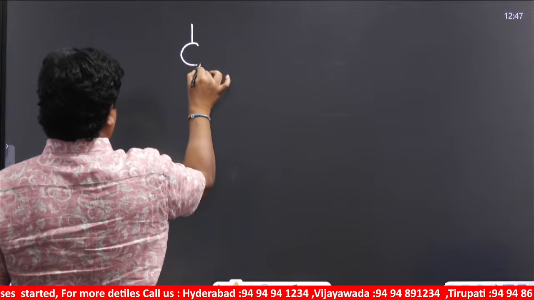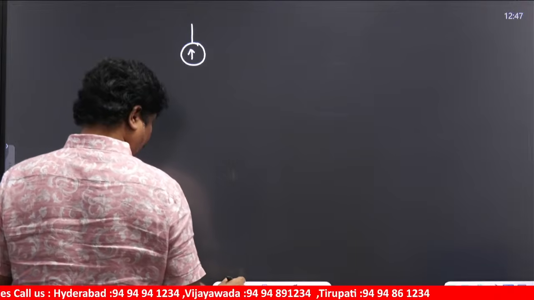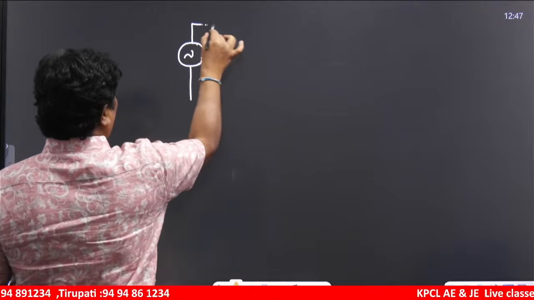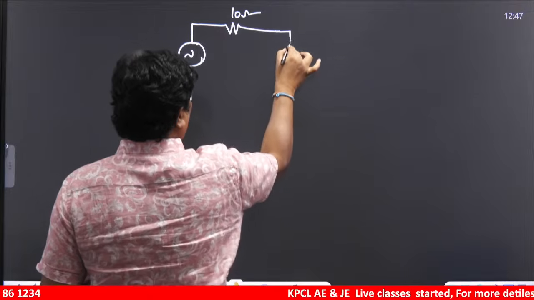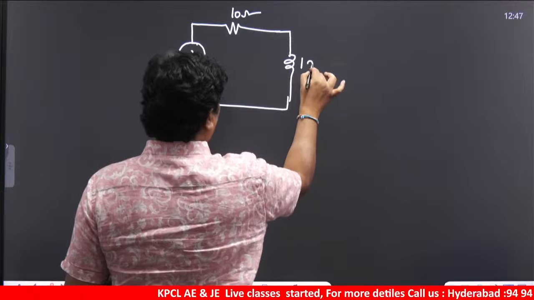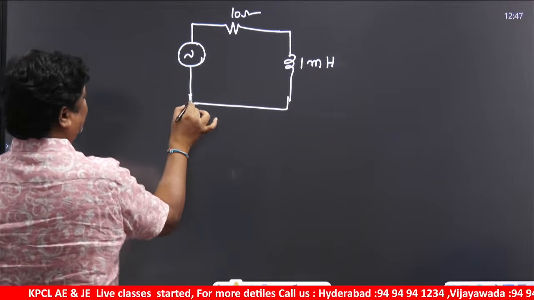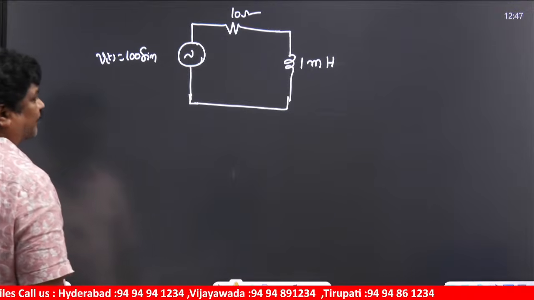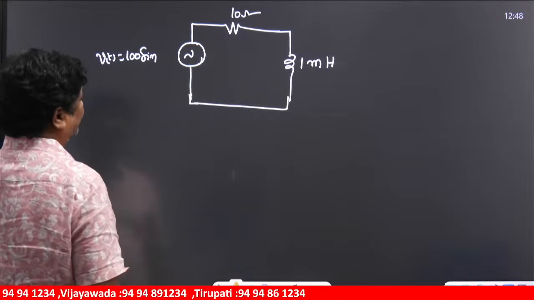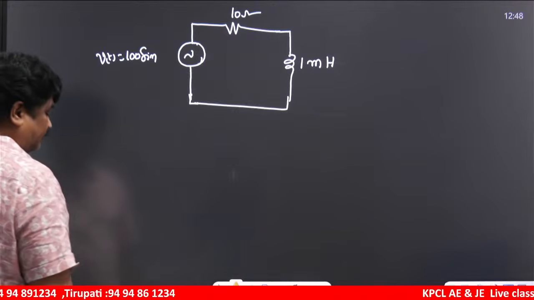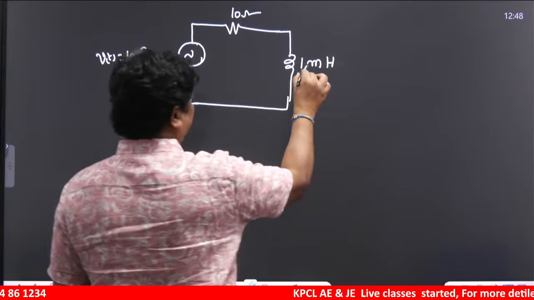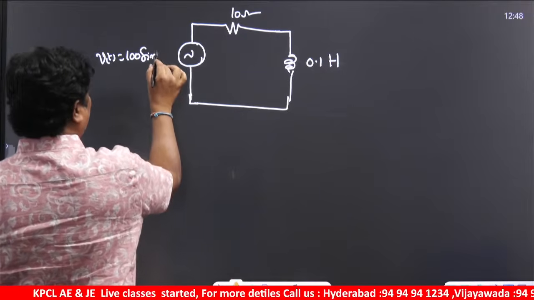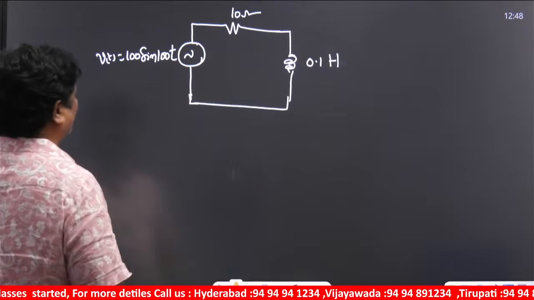Now, this is the voltage we have. There is a resistance of 10 ohms here, inductance of 0.1 Henry here.